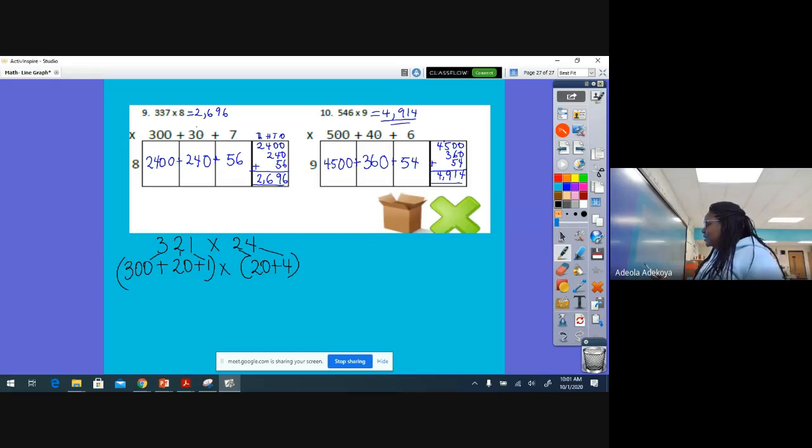I know because this is a 3-digit number, I need 3 boxes for that number, and this is a 2-digit number, so I also need 2 boxes for that one as well. So I'm going to write that over here. Here is where I'm going to go ahead and draw my boxes.